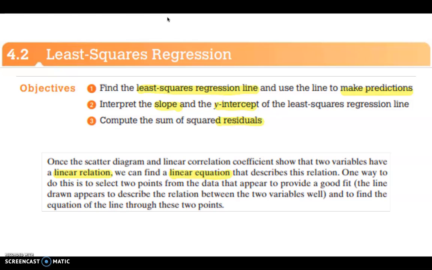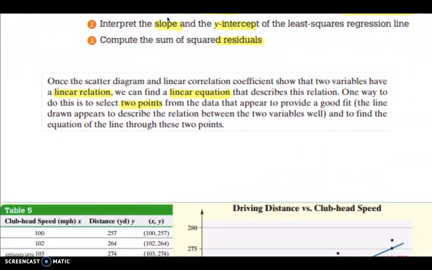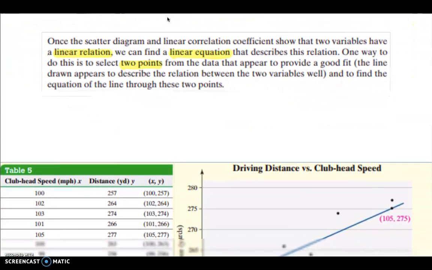One way to do this is to select 2 points from the data that appear to be a good fit for the overall trend of the data, and we find the equation of the line using those 2 points.